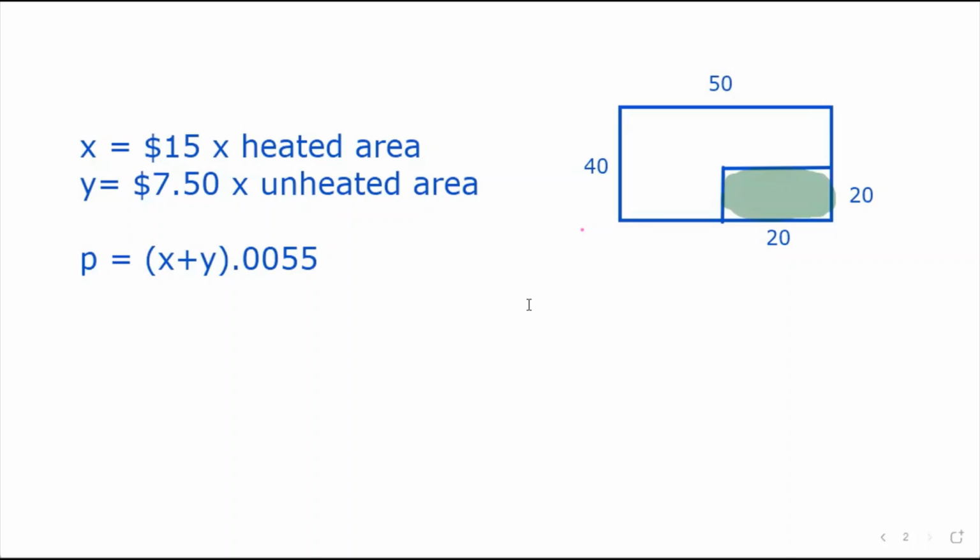All right. So now let's go back. Now, as we can see, this entire home, 50 feet times 40 feet, that's going to be 2,000 square feet, a 2,000 square foot home. But this garage area, which is unheated, is 20 by 20, which is 400 square feet. So now let's go back and see what we would have.